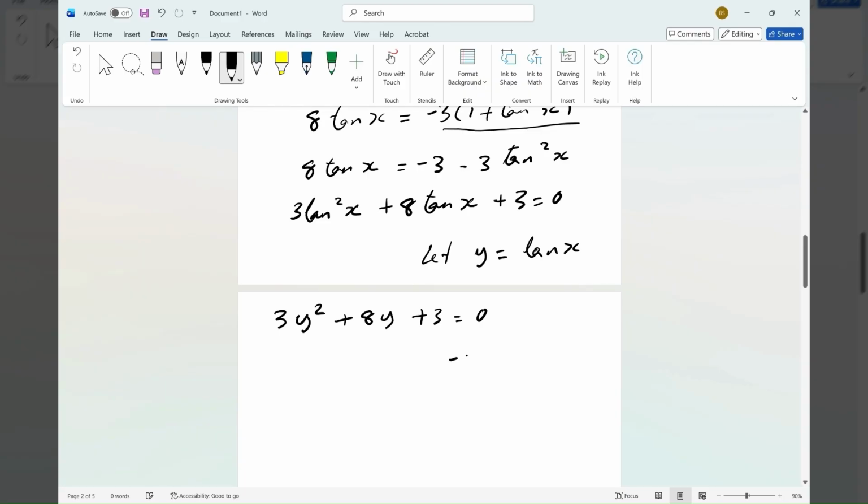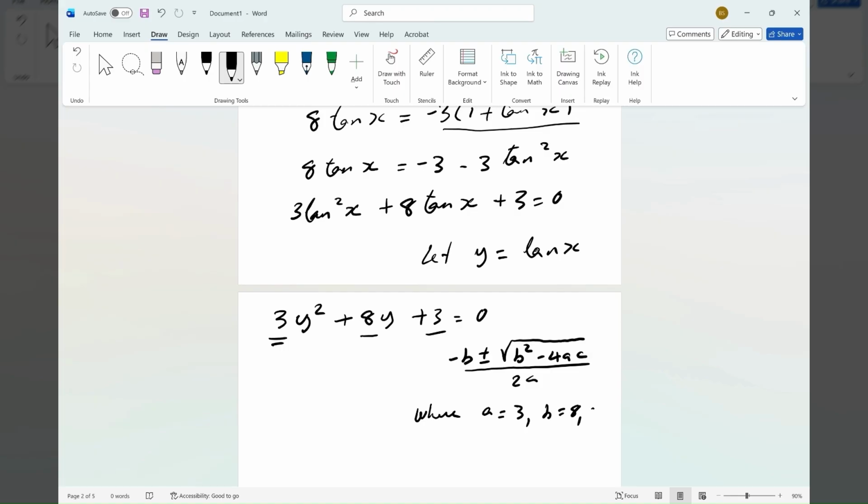Let's apply the formula negative b plus or minus the square root of b squared minus 4ac, over 2a, where a is equal to 3, b is equal to 8, and c is equal to 3.